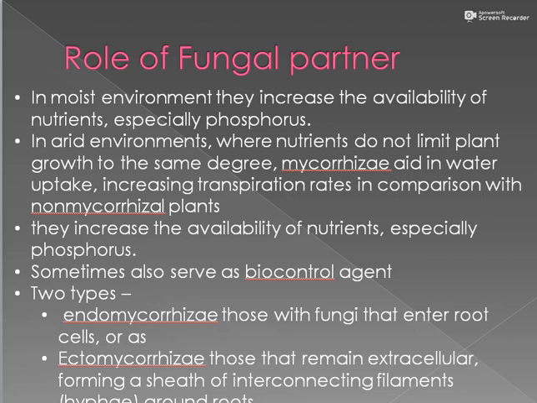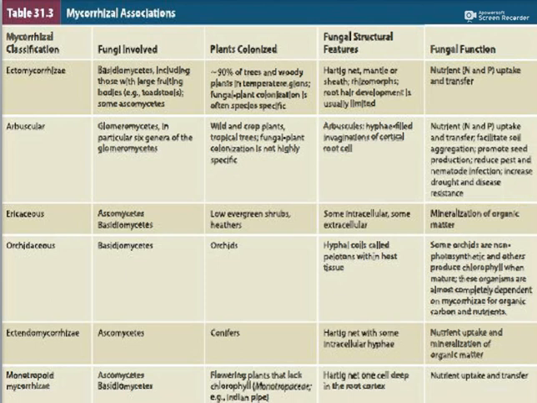And when the fungal elements remain extracellular, just forming a sheath of interconnecting filaments or hyphae around the roots, that is referred to as ectomycorrhiza. So there are mainly two types of mycorrhiza, the ectomycorrhiza as well as the endomycorrhiza. But if you look deep into it, you can classify them again into different types. And as I told you, the first one is ectomycorrhizae.